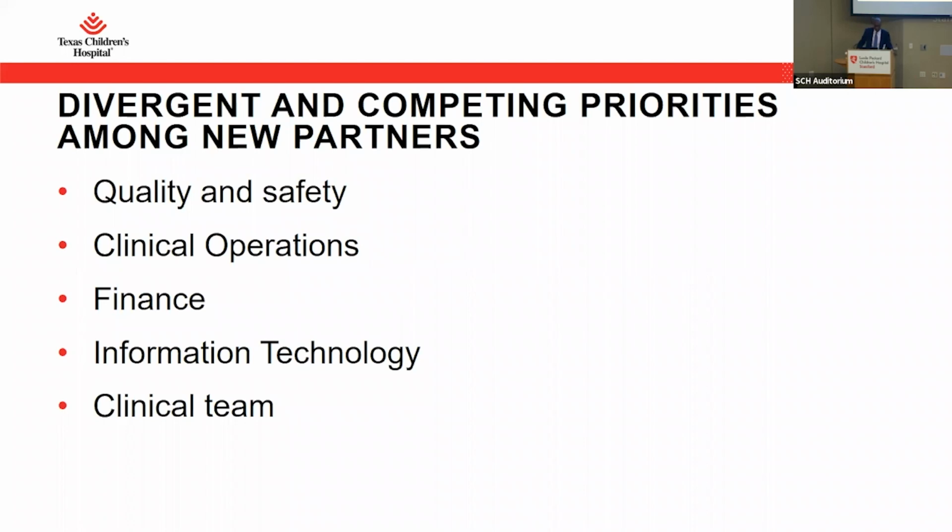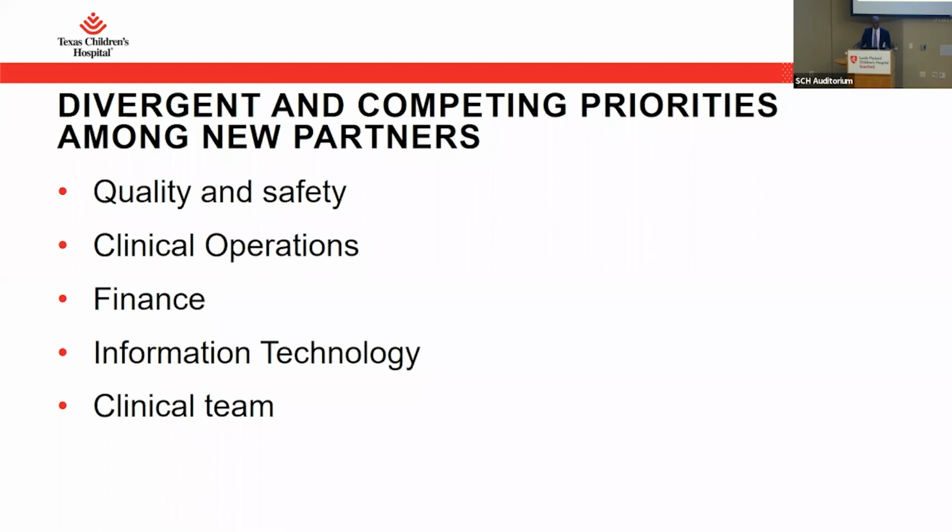Quality and safety may be involved around the Joint Commission and US News and World Report. Clinical operations wants to make sure this is integrated in a way that doesn't slow down flow. Finance may be motivated by billing and Z codes and other ways to take advantage of new value-based models. And information technology is making sure how all this works.